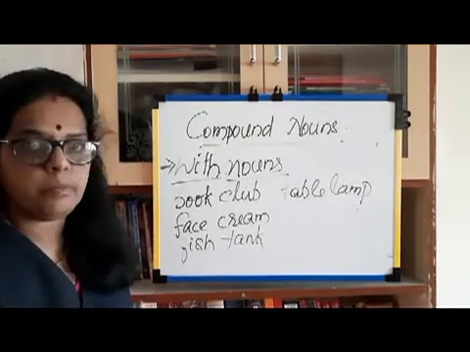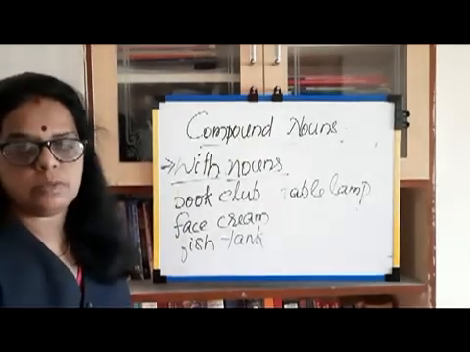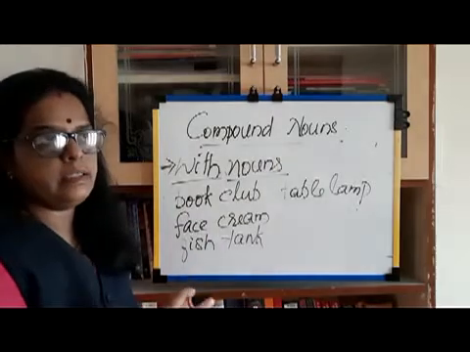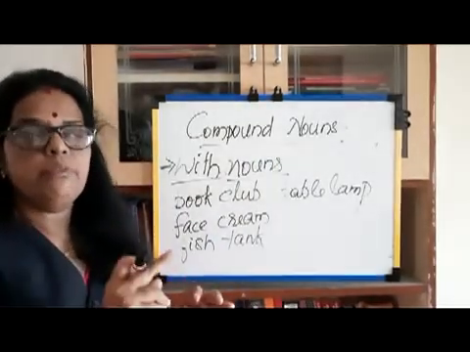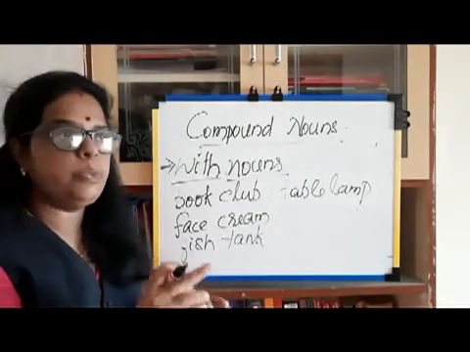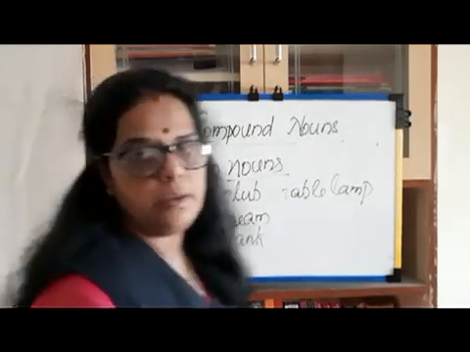It may be a verb, an adjective or another noun. Compound nouns are always written in three ways. We write as one word, we put a space between the two words, or we put a hyphen between the two words. Clear? Okay.